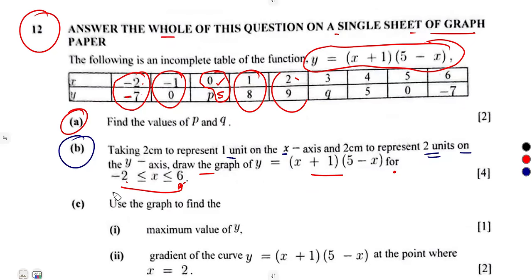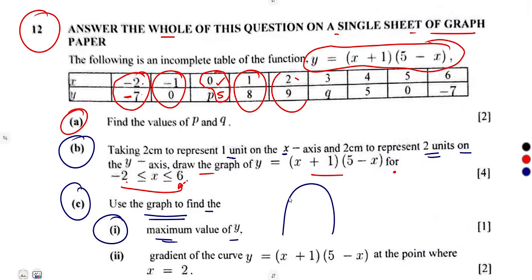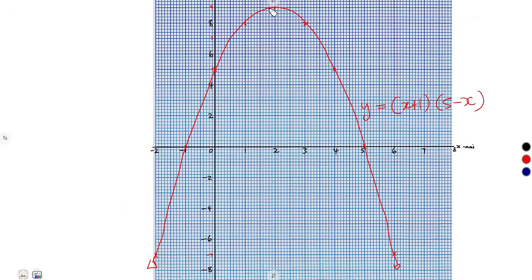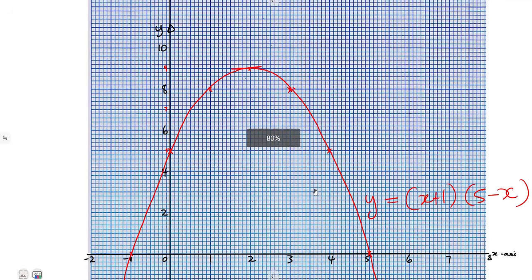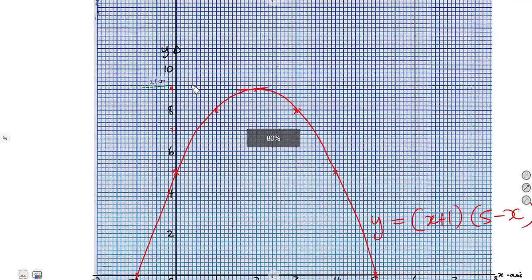Okay, from that graph, use the graph here. You find item 1, the maximum value of y. As we can see, it has a maximum value from the curve that we are given here. That is at the maximum, what? At the turning point. At the turning point, that's where we've got the maximum value. So the corresponding value of y there at the turning point was going to be equal to 9.